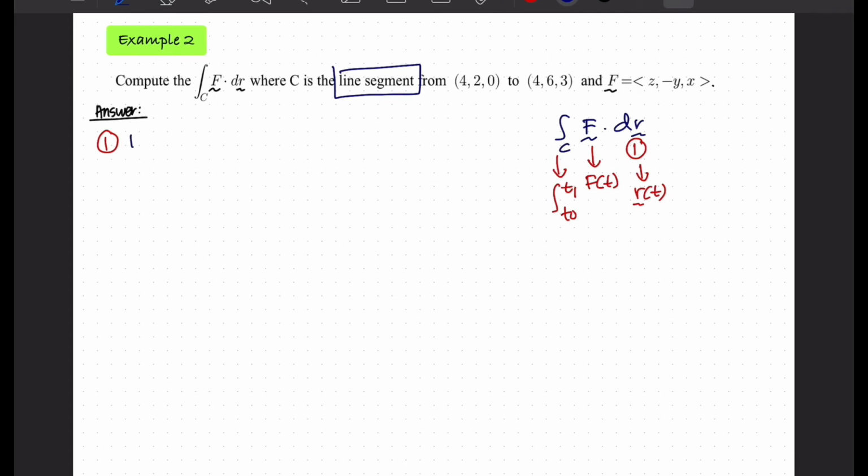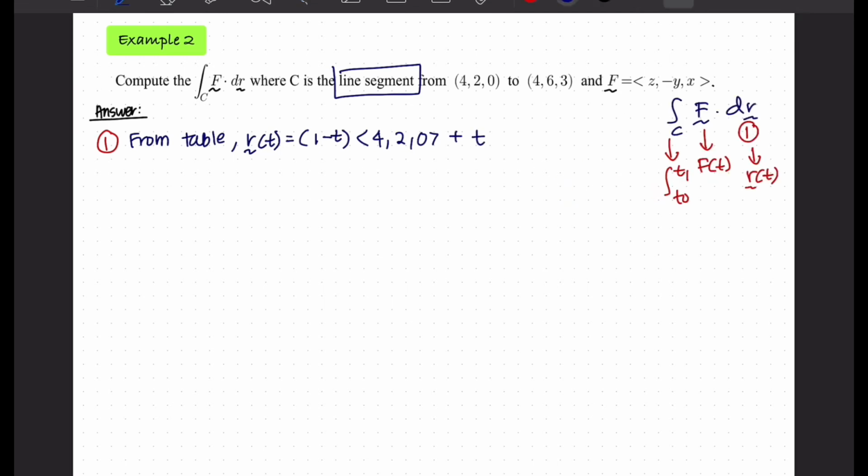So from the table, r(t) is given by this formula: (1 minus t) times the vector of the starting point (4, 2, 0), plus t multiplied with the second point, (4, 6, 3).